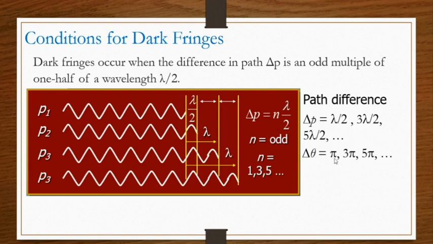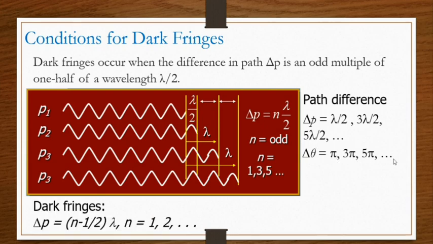Or delta theta is pi, 3 pi, 5 pi, and so on. So for dark fringes, I will just use this: delta p equals n minus a half times lambda, where n is equal to 1, 2, 3, and so on. So you don't have to put in this odd number if you use this equation. Or delta theta is equal to 2 pi multiplied by n minus a half, where n is 1, 2, 3, and so on.